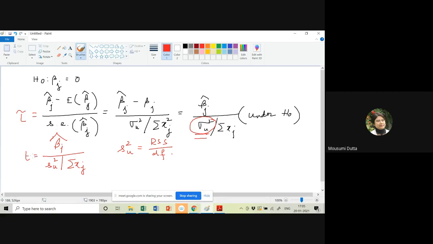So as long as I have knowledge about sigma u square, we will use tau.